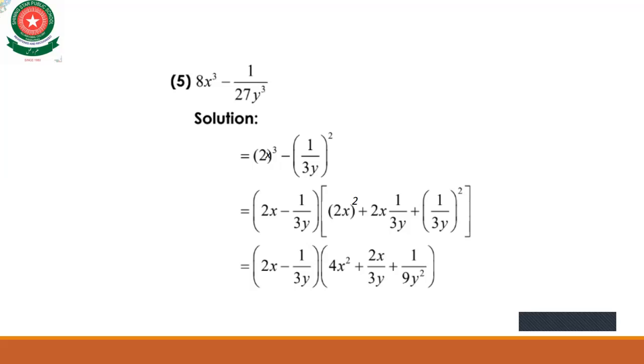By opening the brackets, 2x minus 3y into 4x square plus 6xy plus 9y square. Hope you understand this question. Let's move to our next question.